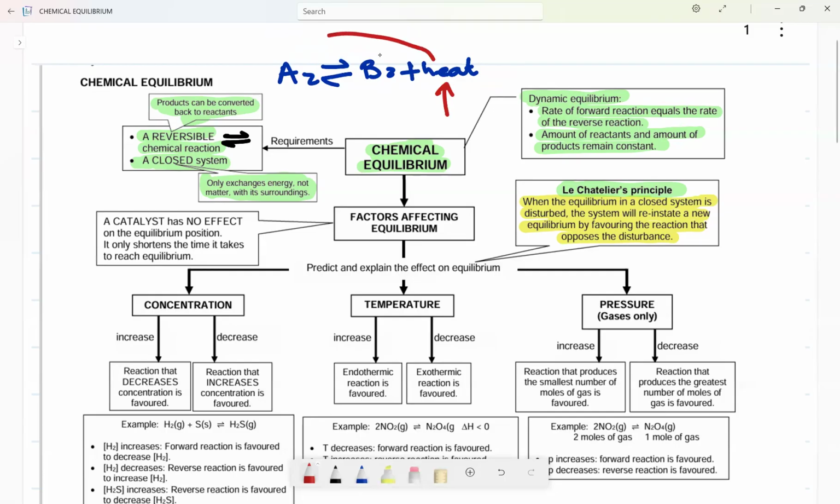At least let me share some of my heat with that particular side, so that we are in a balanced state. So this is what we refer to as Le Chatelier's principle.